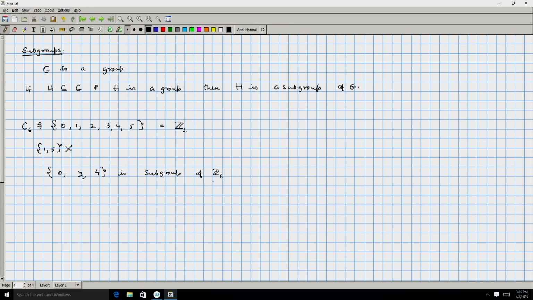Okay, you are considering just the even elements of Z6. And under the same operation, that is mod 6 addition, if you look at these elements, they form a subgroup with 0 acting as the identity, and 2's inverse would be 4 and 4's inverse would be 2.